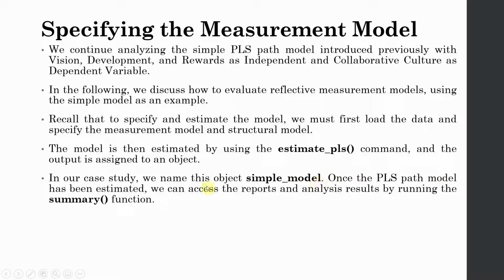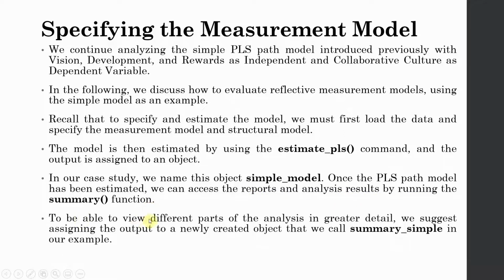Once the PLS model has been estimated, we can access the reports and analysis results by running the summary function. To be able to view different parts of the analysis in greater detail, we suggest assigning the output to a newly created object we call summary. So once you have estimated the model, you create a summary of that particular model by calling the summary function. And once you call the summary function, the results are assigned to this particular object, summary_simple.